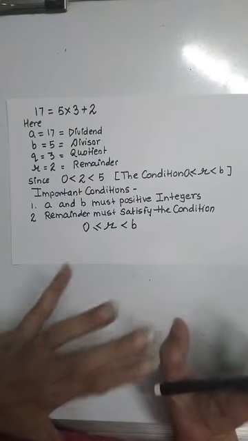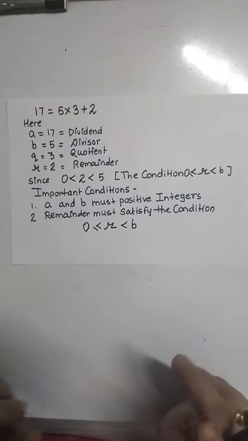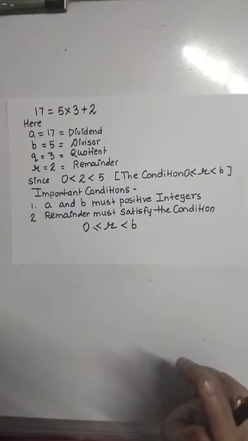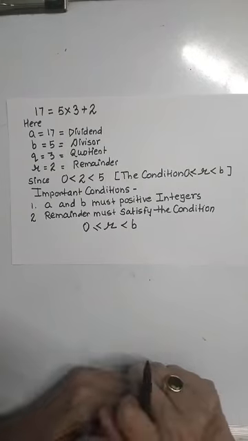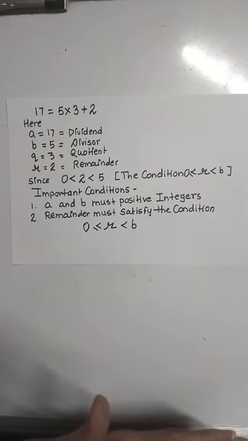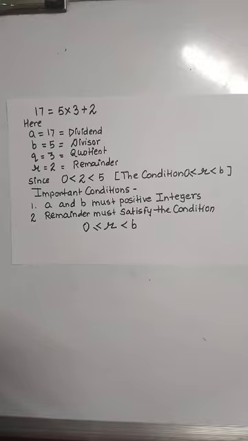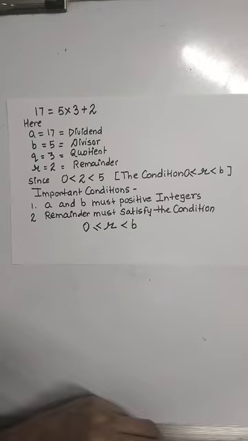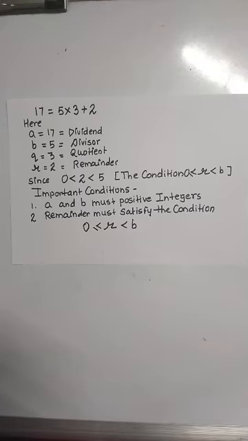As simple as this. So the first theorem of the lesson is of Euclid's division lemma, which in a simple language tells us that dividend is equal to divisor multiplied by quotient plus remainder, and remainder should always be less than that of the divisor.